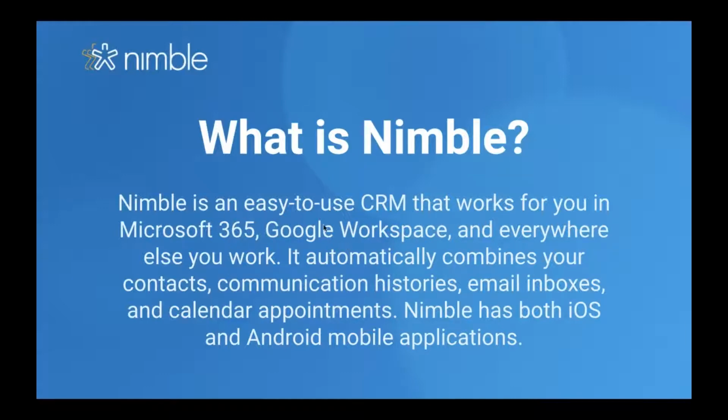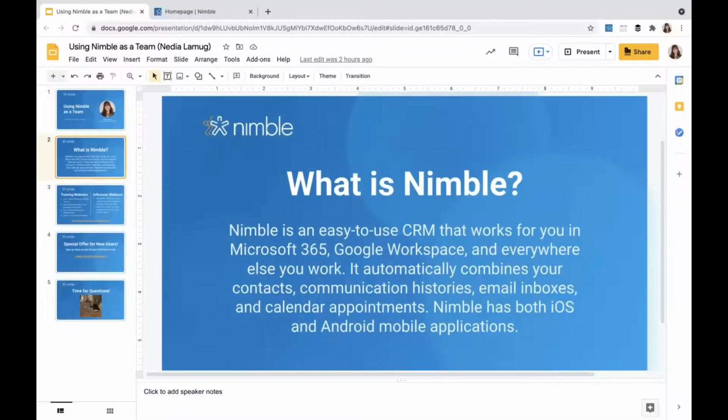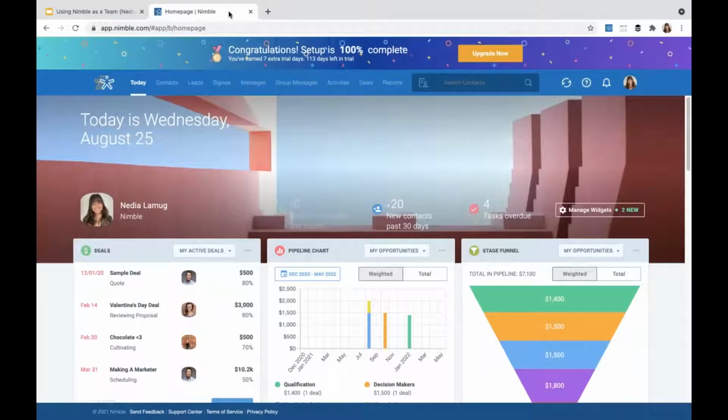So now that we talked about the basics of Nimble, let's go and show the app itself. As soon as you log into your Nimble account, you will first see the Today page. The Today page is designed to allow you to completely customize it to your own specific needs, the role you play in your company, and help you keep track of your most important to-dos.